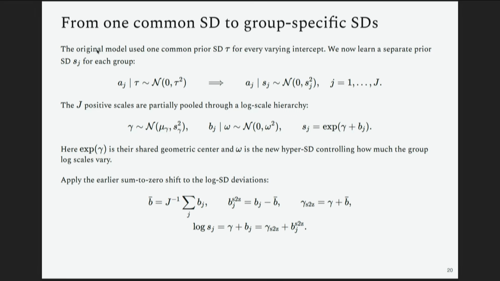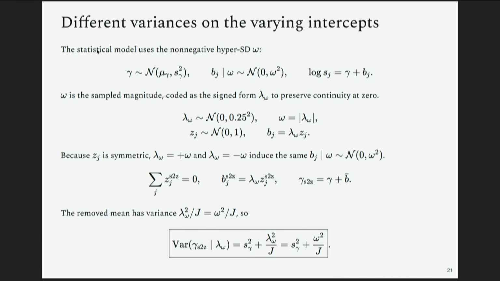So what we see here is this Sj, okay? So this is where we're going to do the stuff on the log scale. So we have this gamma in Bj, and this B is different than the previous B. This is not varying slopes. This is the standard deviation on our varying intercepts. All right, so we go through, and what you'll see here is a bunch of math.